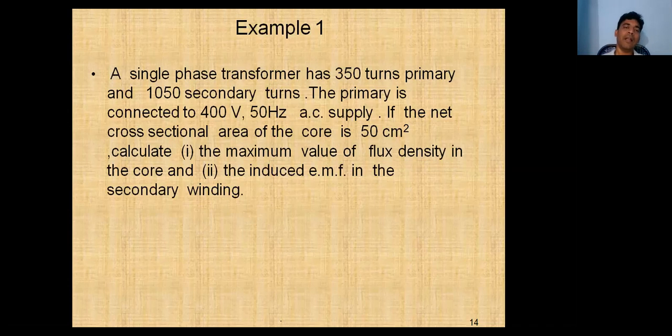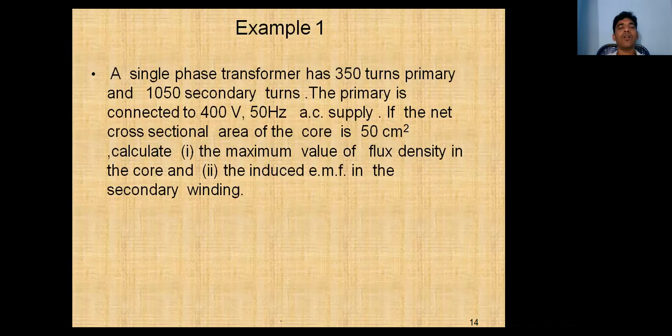We will see one example. A single phase transformer has 350 turns primary and 1050 turns secondary. The primary is connected to a 400 volts 50 Hz AC supply.